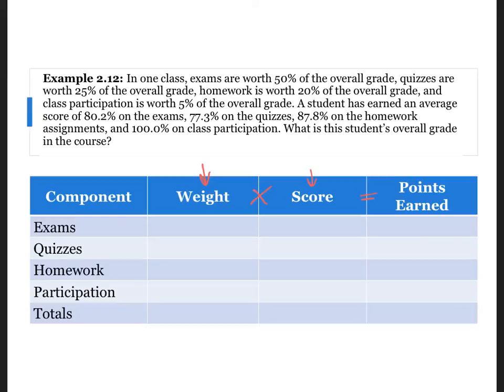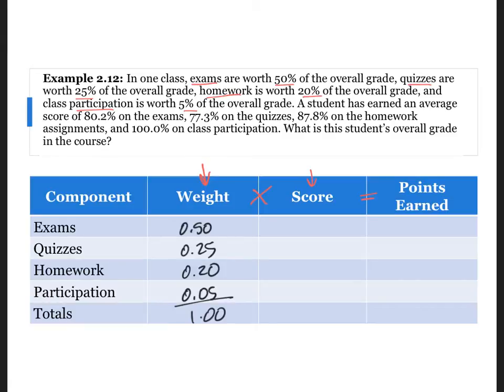Exams are 50%, quizzes are 25%, homework is 20%, and participation is 5%. We'll record each of these as the decimal version of the number, so we record 0.50, 0.25, 0.20, and 0.05 for participation. These are the weights, and their total sums to 1.